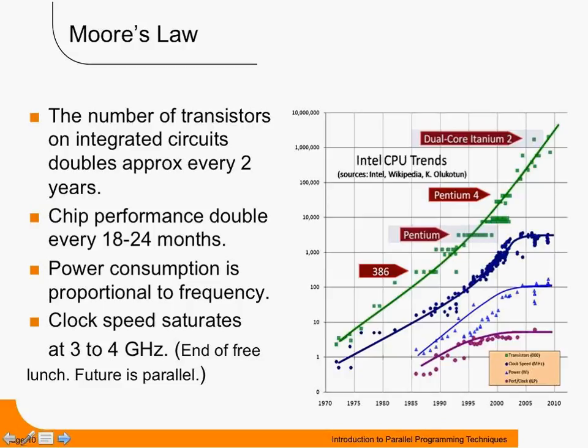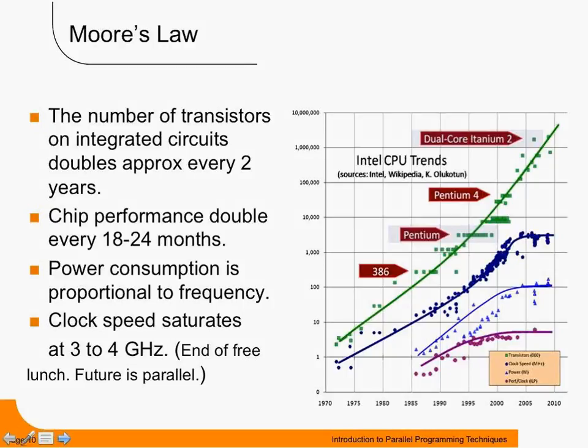As you see in the graph, the number of transistors keeps increasing, and Moore's law says the number of transistors doubles approximately every 2 years, and so does performance. But the clock speed is already saturated at 3 to 4 gigahertz. So we cannot increase the clock speed, but we put more and more cores on the chip.